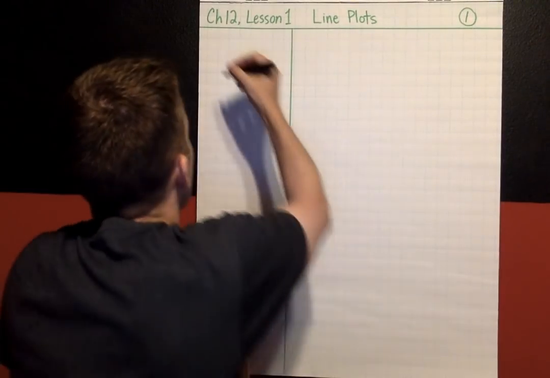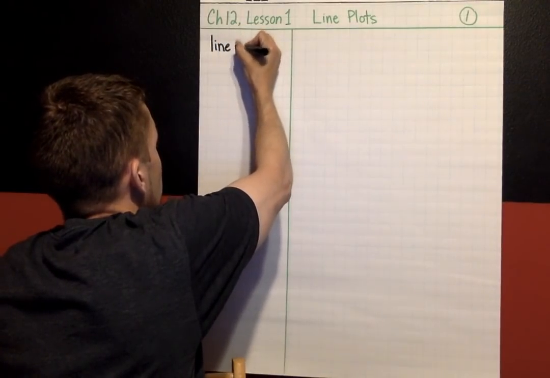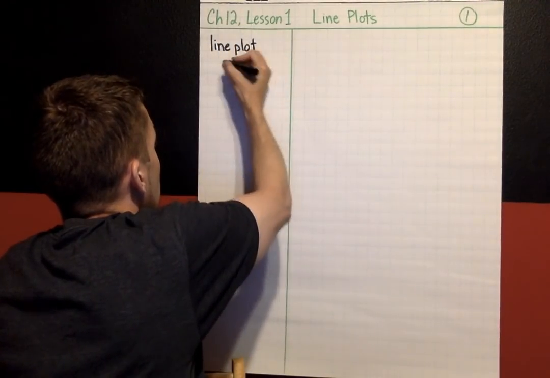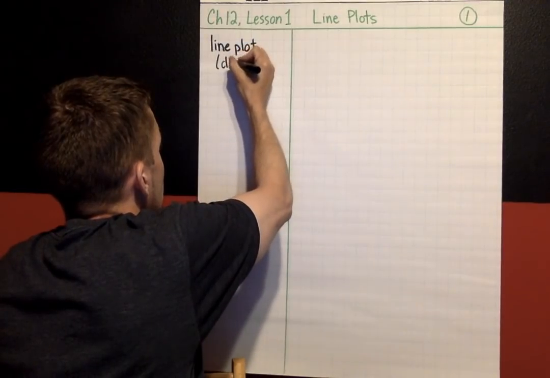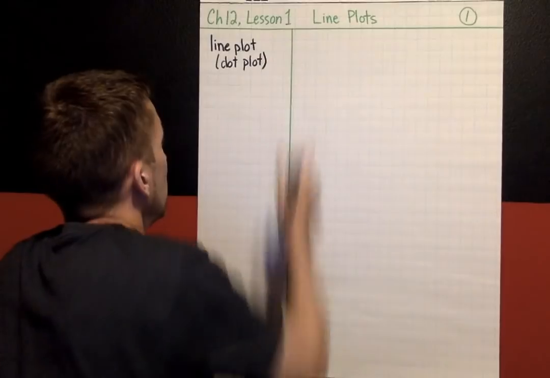But first, let's write down line plot, also known as a dot plot. You can use either term, same thing.